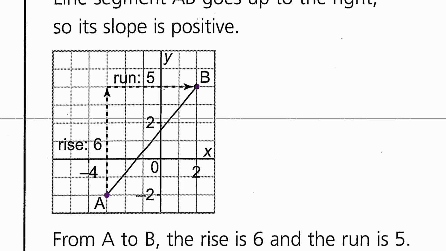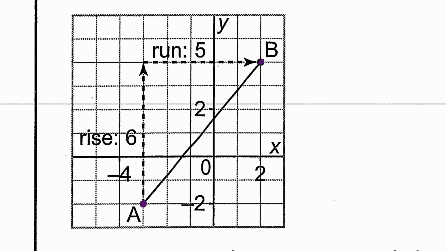So I'm going to measure the rise from A. So count how many units are there. 1, 2, 3, 4, 5, 6. So I had to go up 6 units. Since I have moved up, that is positive 6.